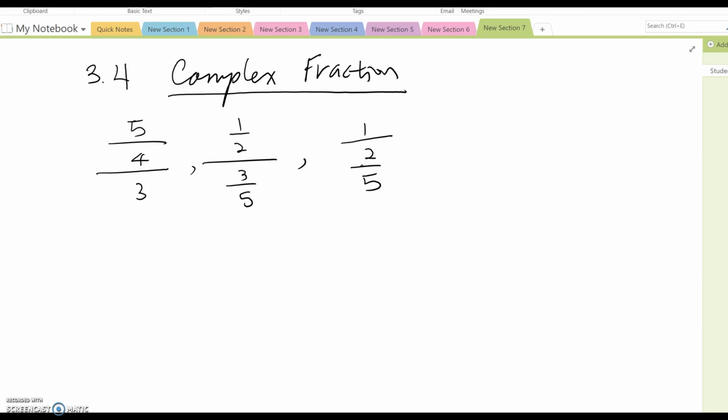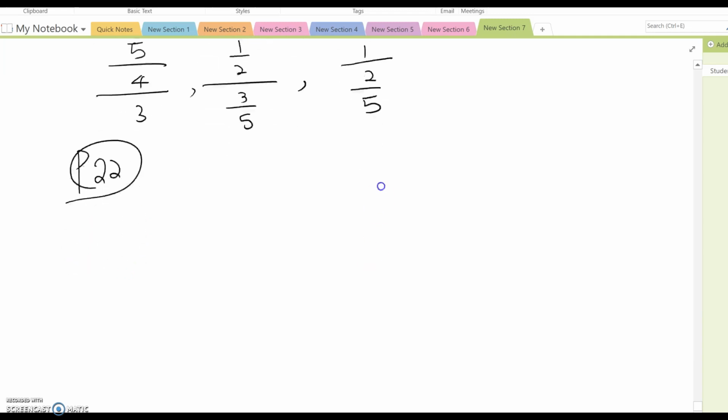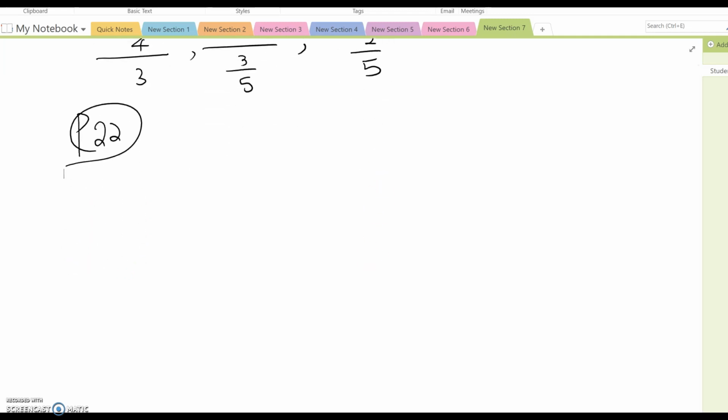Okay, so look at page 22. We want to warm up with questions such as number 1A and number 1C. Number 1A is 5 over 8 over 2 over 5.